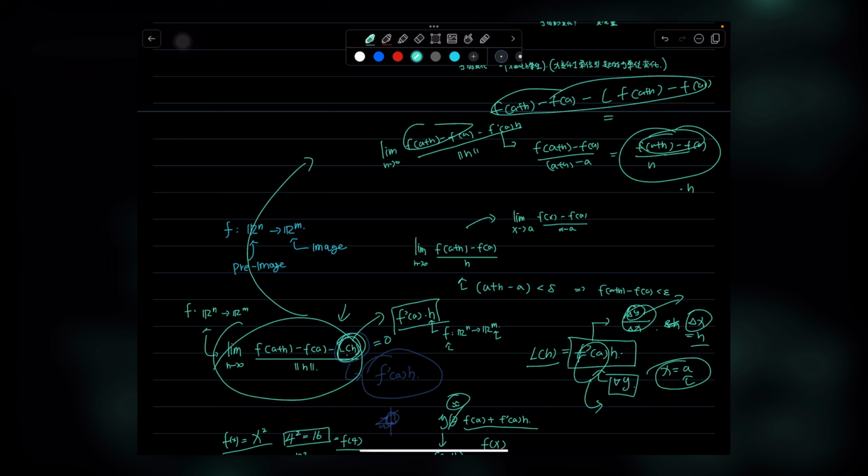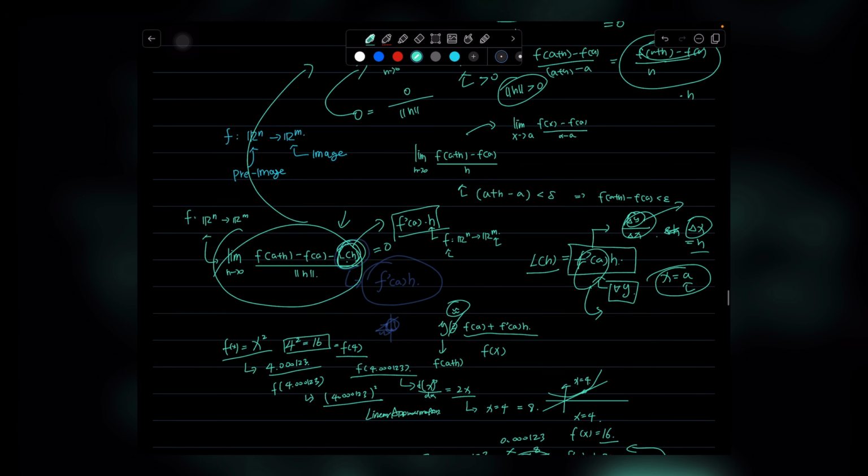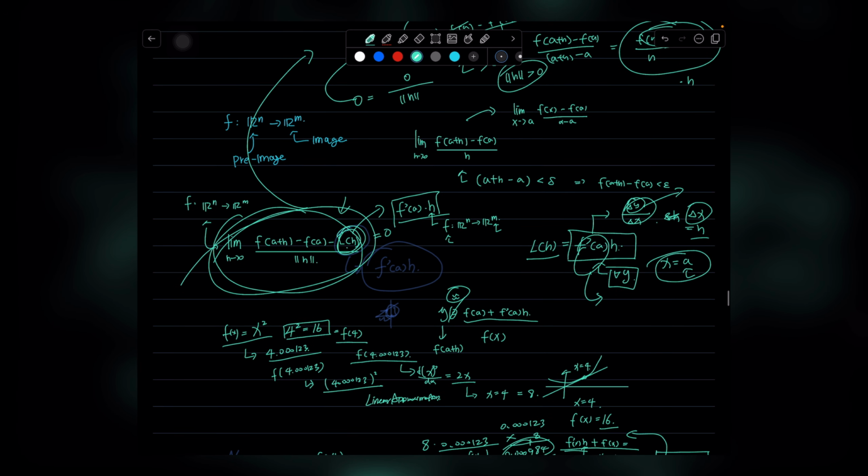The expression of this would be equal to 0, and for h, though h is infinitely close to 0, it is still larger than 0, and thus this expression is larger than 0. And if we use a value that is larger than 0 to divide 0, the answer would be 0, which is the definition of differentiability.